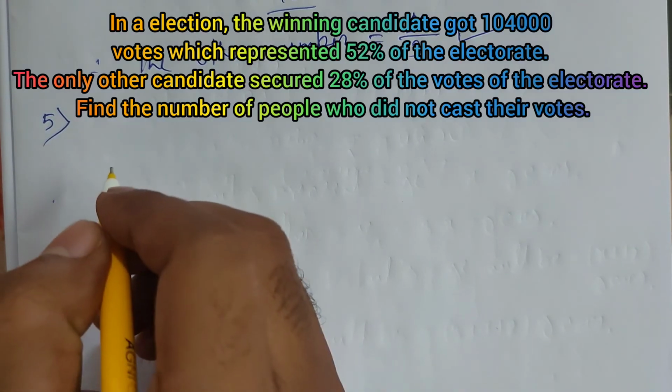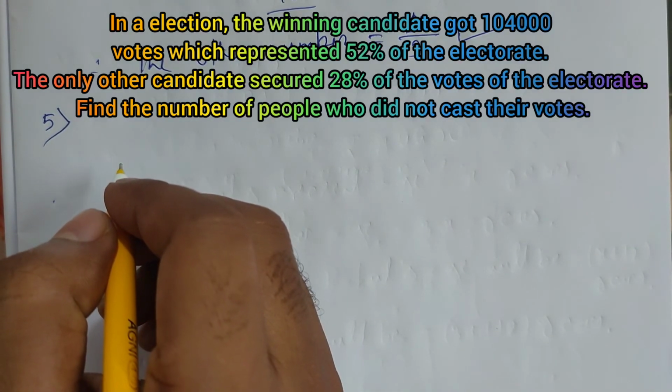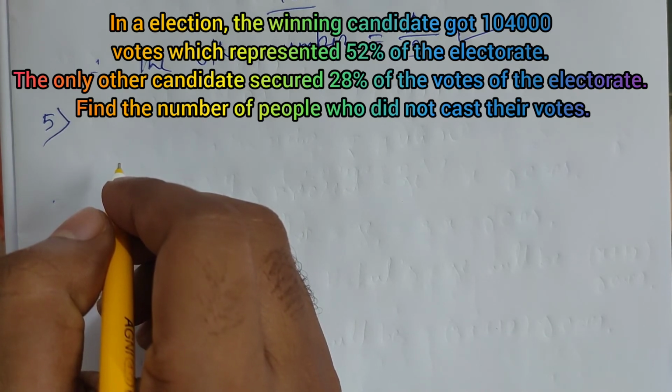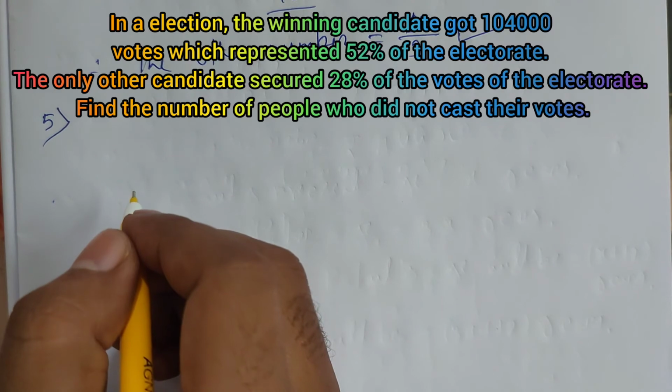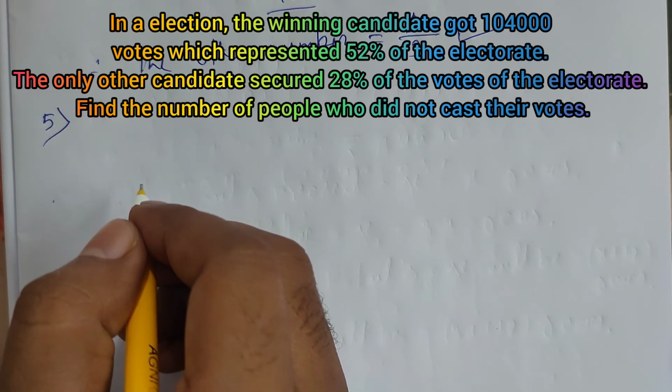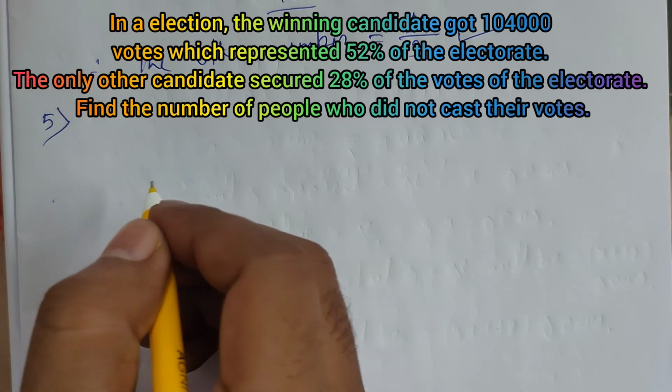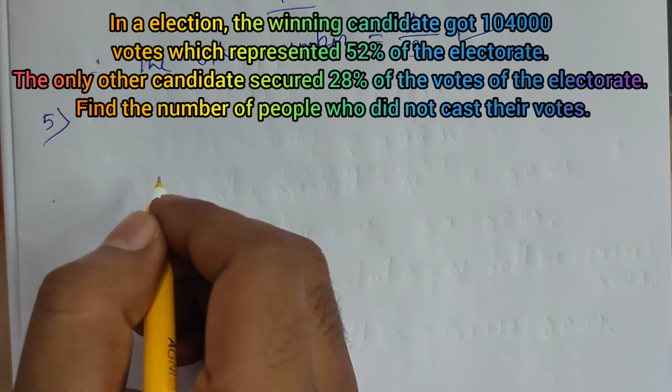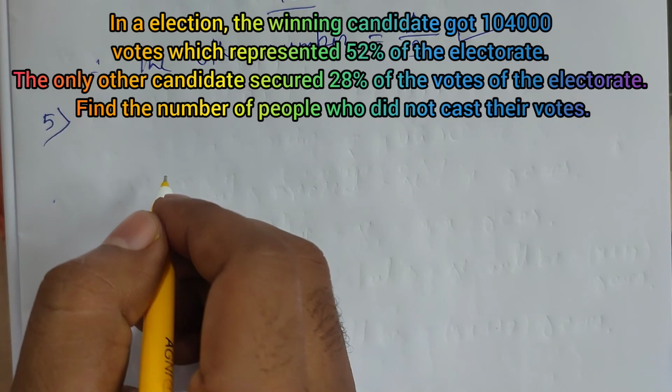Now question number 5. In an election, the winning candidate got 1,04,000 votes, which represented 52% of the electorate. The only other candidate secured 28% of the votes of the electorate. Find the number of people who did not cast their votes. So we don't know the total number of voters here.